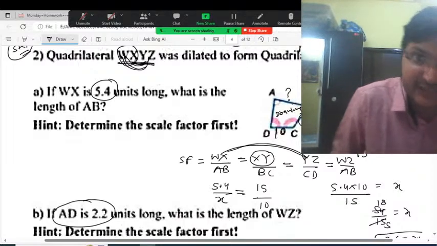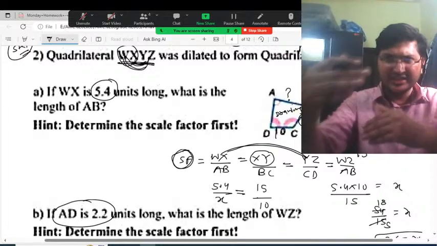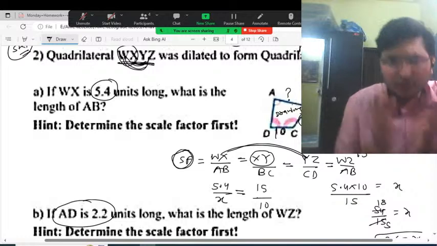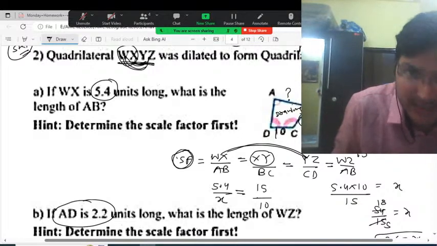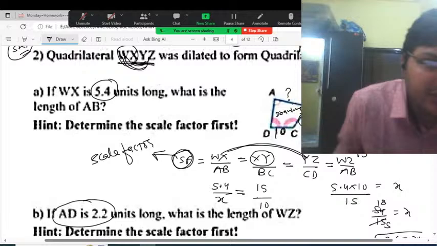That's why we are saying so. And a scale factor is the same thing. The ratio of those corresponding sides is known as the scale factor, SF. And in a scale factor, the first ratio that we take is of the drawing.